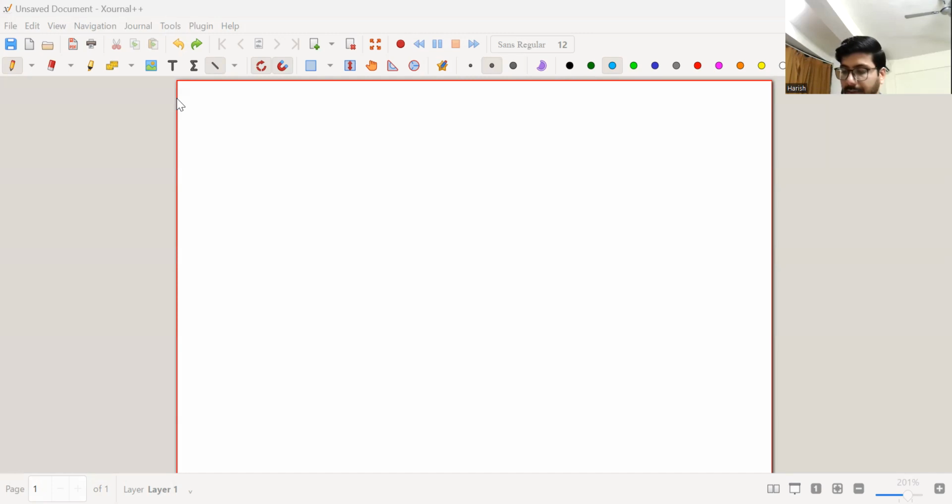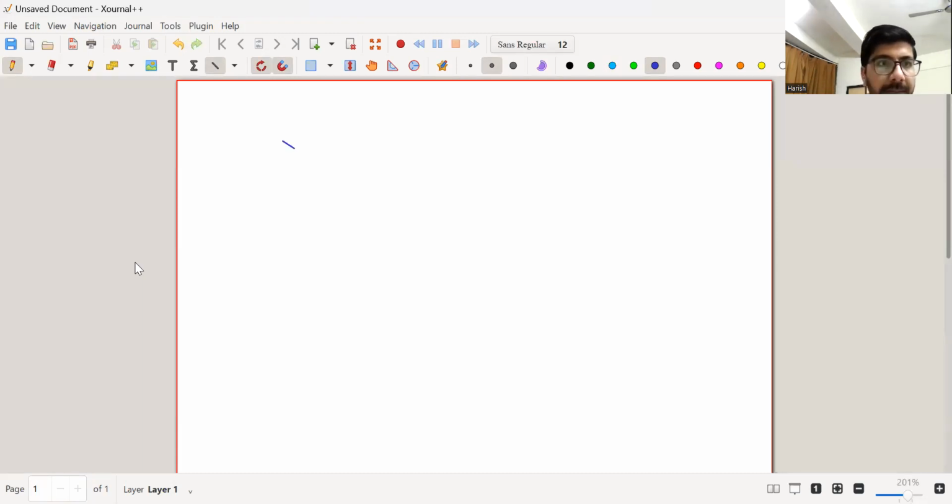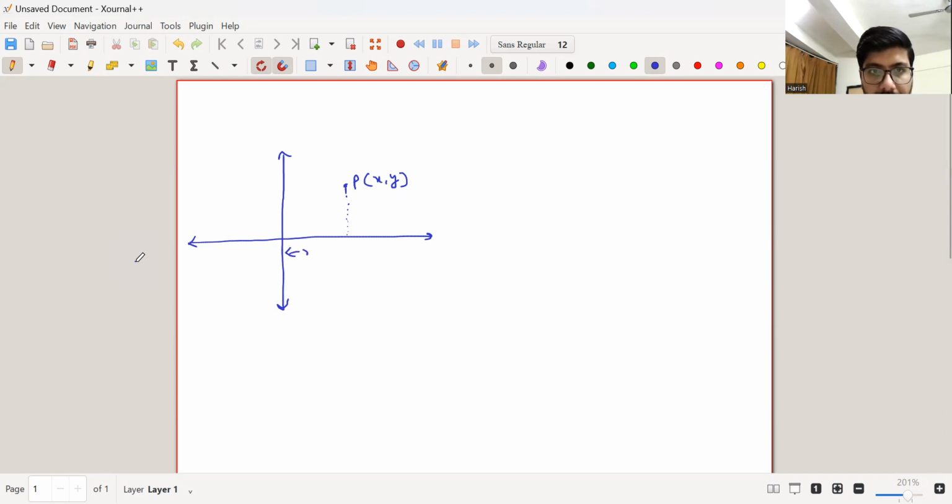Let me write something so that it becomes clear. Let's say we are on a real plane. We have a point P with coordinates x comma y, the x coordinate and the y coordinate.